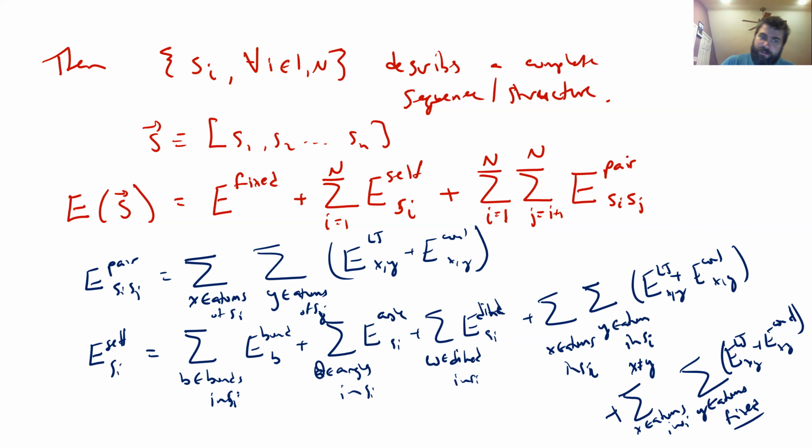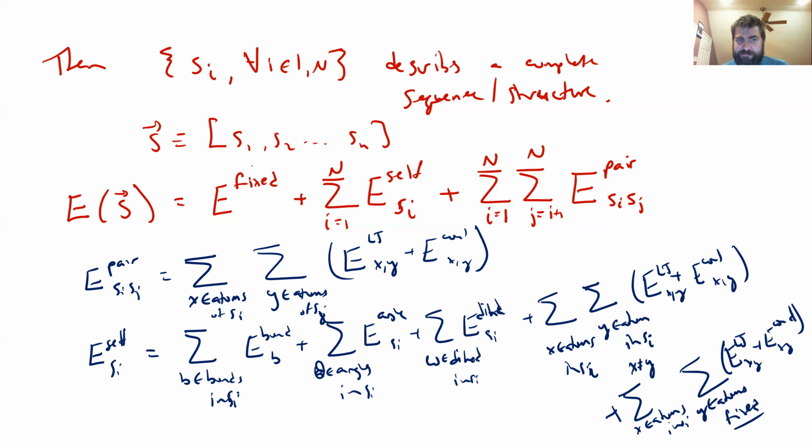In the pair energies, we include all of the interactions between two side chains. In the self energies, we include all of the energies that one side chain makes that don't include other side chains, but do include the fixed piece.